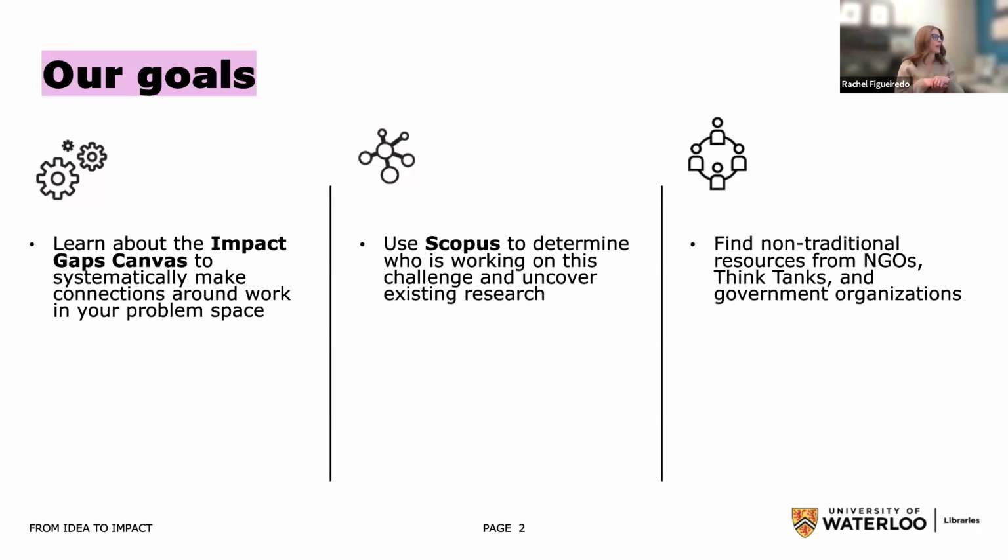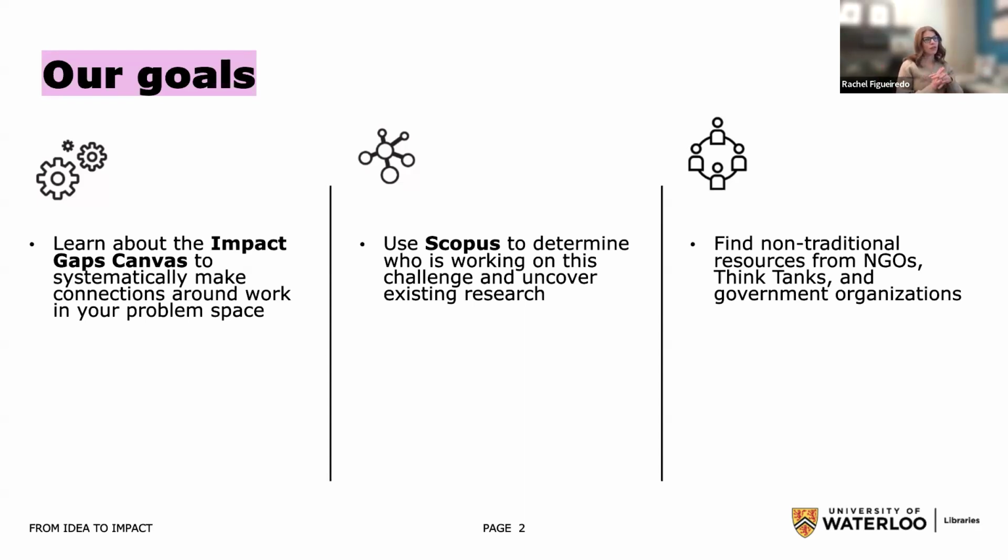What we're going to do for the workshop is talk about understanding your problem space. I'm going to use a framework in particular called the Impact Gaps Canvas, one suggested framework to help you understand how to make connections in your entrepreneurial research.